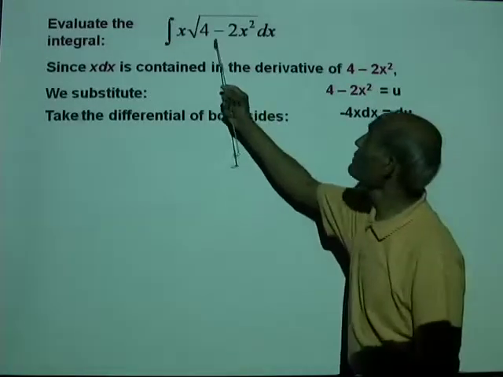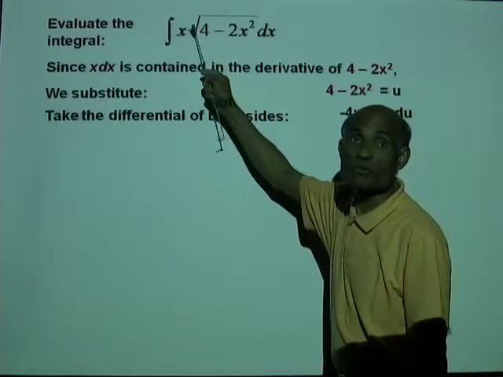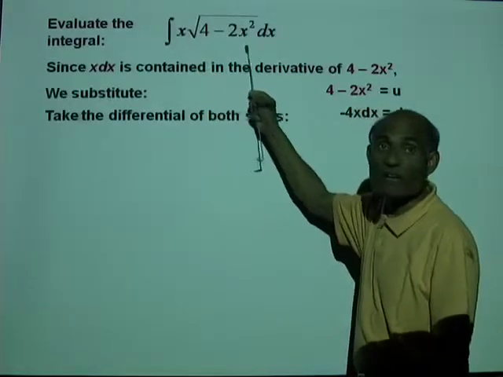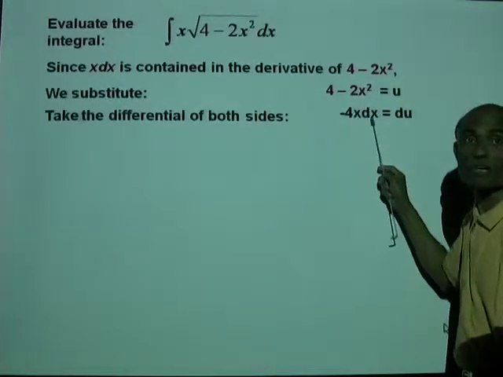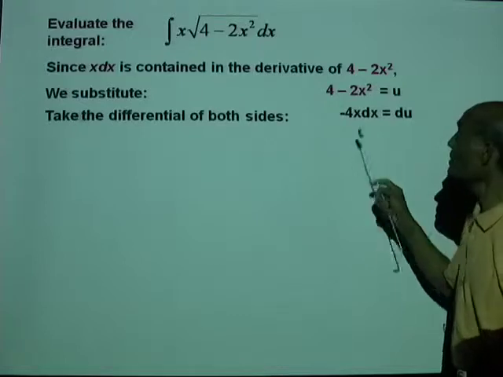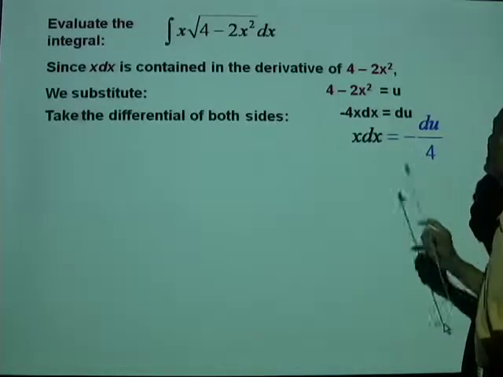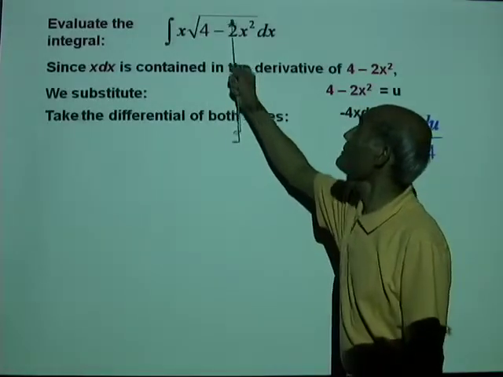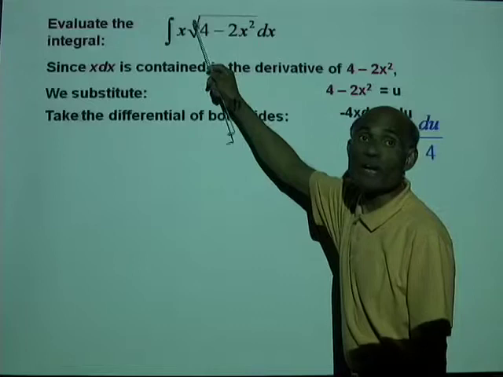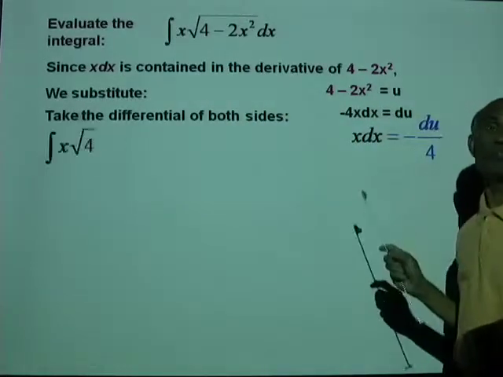Now, what we want to do is, after replacing this quantity by u, we need to replace x dx in terms of u. So we solve here for x dx. What is x dx equal to? x dx is negative du over 4. So when this quantity becomes u, x dx will become negative du over 4.